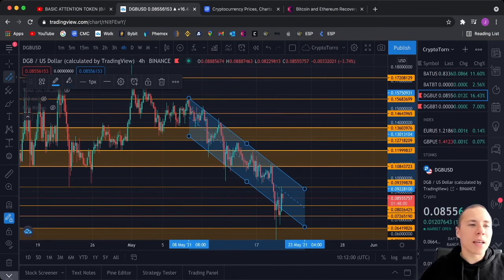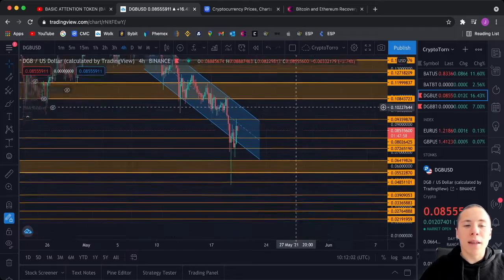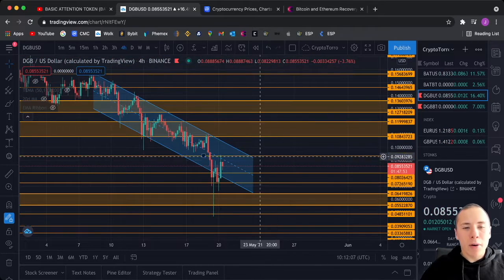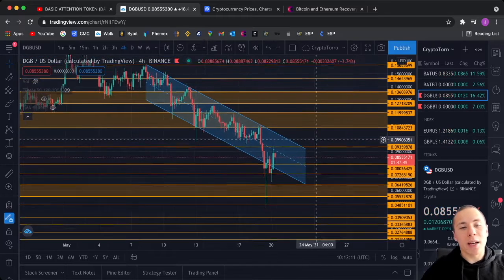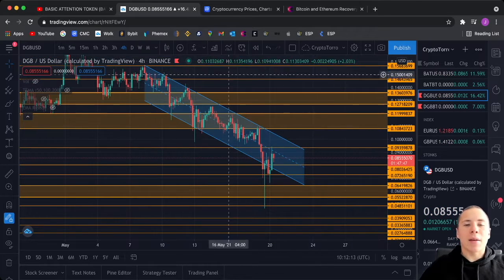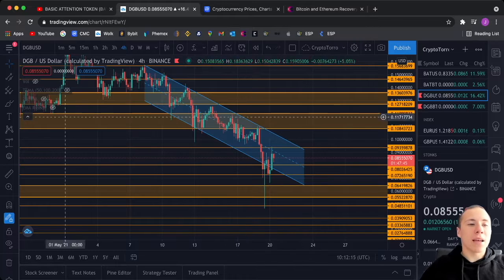And what you're seeing is that we are currently re-entering this descending parallel channel, and I personally think this is a very important channel to look at, because this is a downtrend inside of the channel.